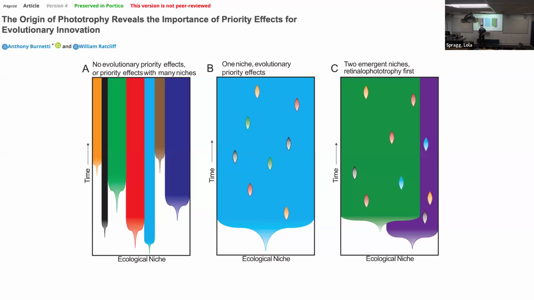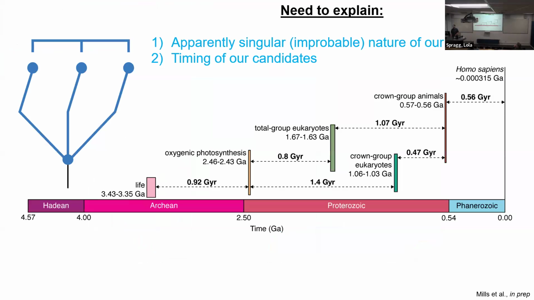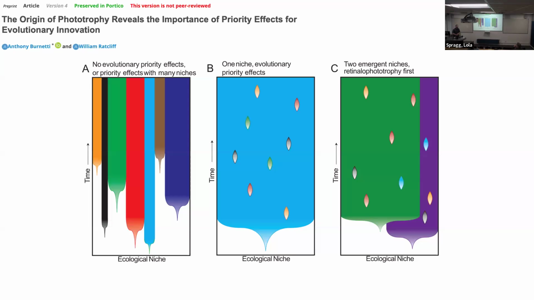So retinal phototrophy and chlorophototrophy haven't re-evolved, but it's because these two clades are actively preventing repeated occurrences of this. This would be the alternative where something only evolved once because it could have only evolved once, or there are reasons preventing subsequent origins, and it has nothing to do with improbability.